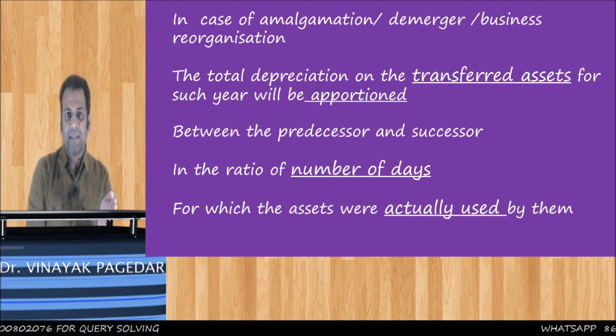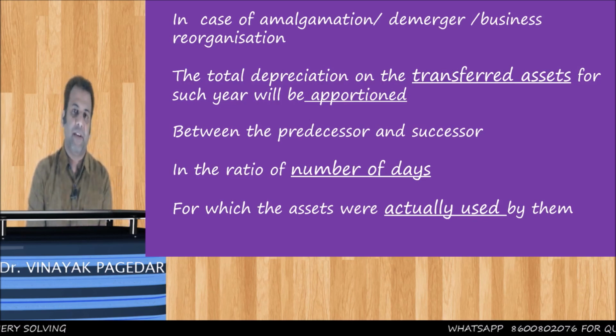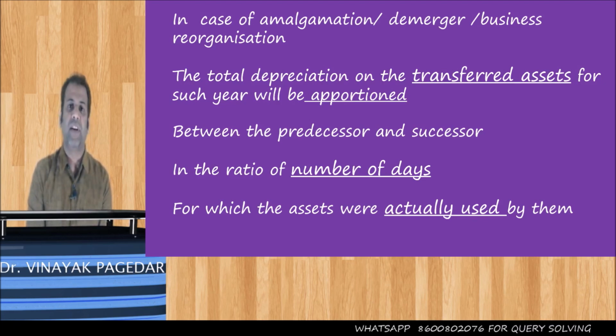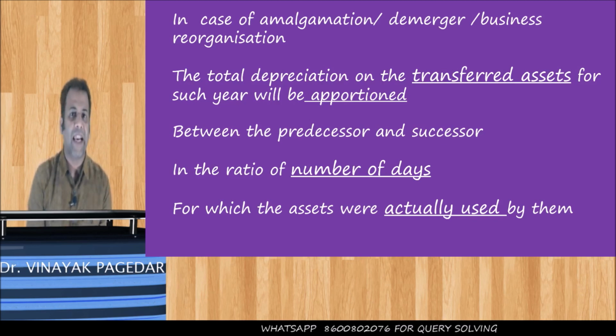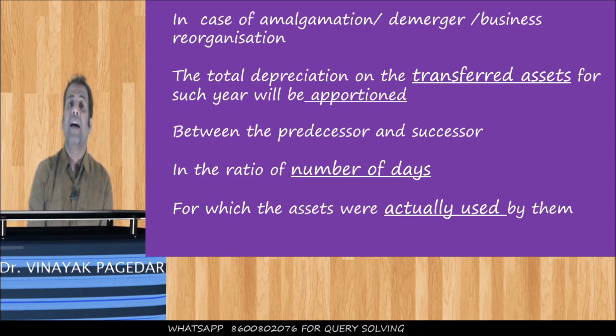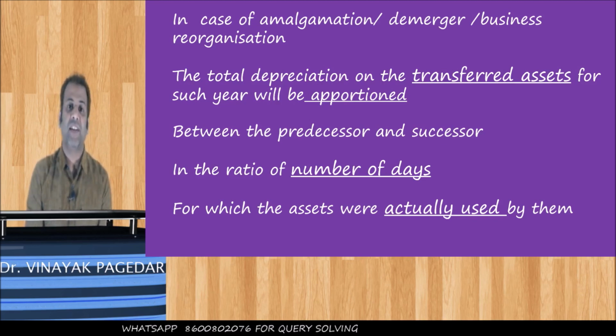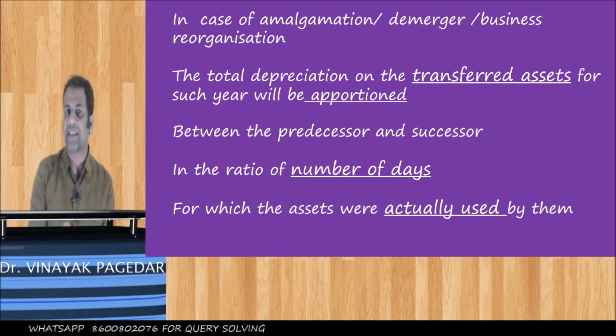Now, on the assets that A Limited transfers to AB Limited, you calculate the depreciation as usual, as if no amalgamation had taken place, and apportion this depreciation between the predecessor and the successor.